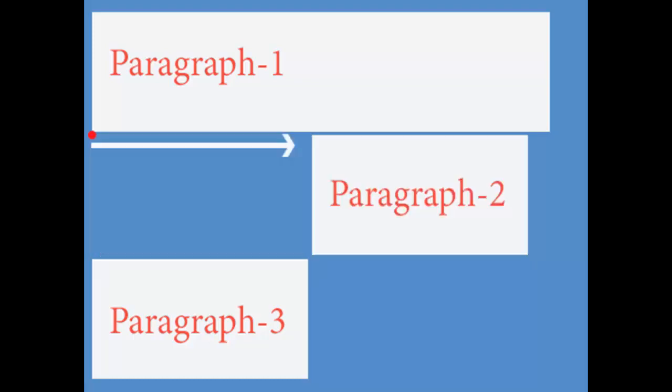Suppose we have three paragraphs, all in the normal document flow and therefore on top of each other. Suppose we want to change the position of the second paragraph such that it goes 300 pixels to the right and then 300 pixels downwards.